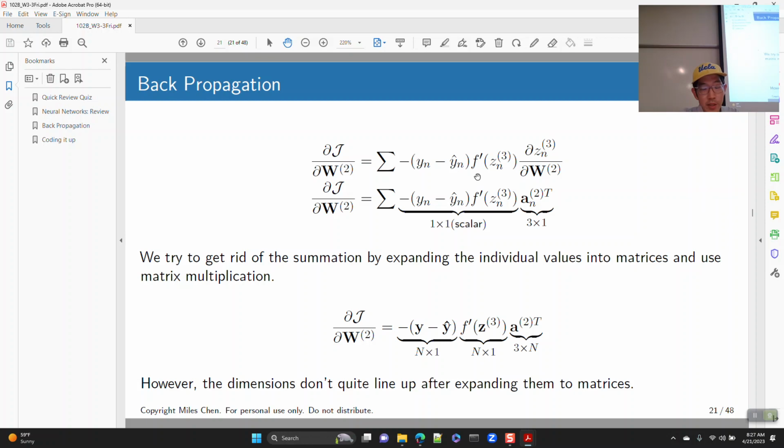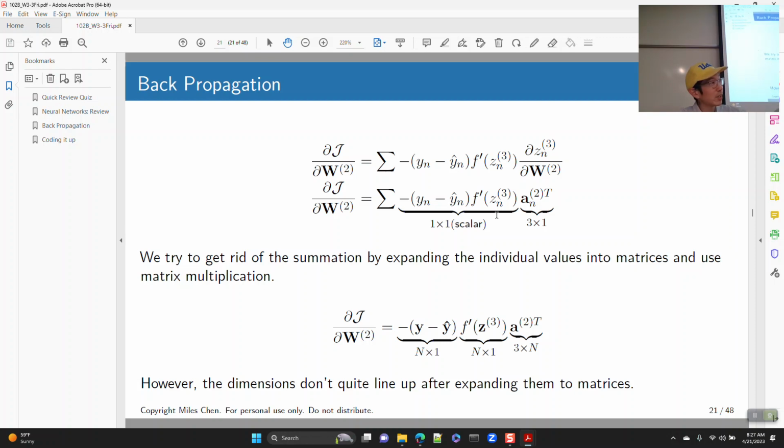Okay, so if we look at what we have so far, it's going to be the sum over the n observations, where for each observation I'm taking the difference between the actual and the prediction, times the derivative at z n, and then I'm multiplying it by this 3 by 1 matrix. So the result of this is a 3 by 1 matrix, and then I'm summing it up. I have n of these observations, right? So we get this for the first observation, and that's a 3 by 1 matrix.